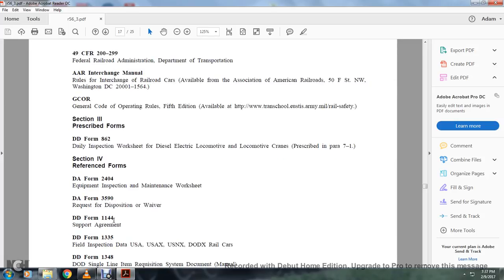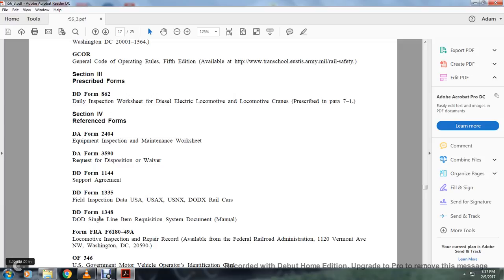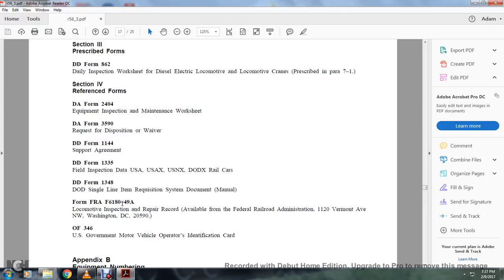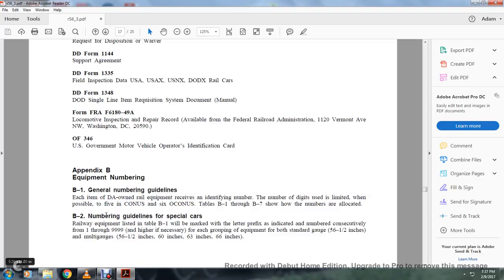Section 4 is Reference Forms: DA Form 2404, Equipment Inspection and Maintenance Worksheet; DA Form 3590, Request Disposition Waiver; DD Form 1140, Department of Defense Support Agreement; Department of Defense 1335, Field Inspection Data, USAX, USNX, DODX Rail Cars; Department of Defense 1348, Single Line Item Requisition System Documentation Form; FRA 6180-49A, Locomotive Inspection Repair, available from the Federal Railroad Administration, 1120 Vermont Ave, North Washington, DC 20590; OF 346, U.S. Government Motor Vehicle Operator's Identification Card; and B, equipment numbering.